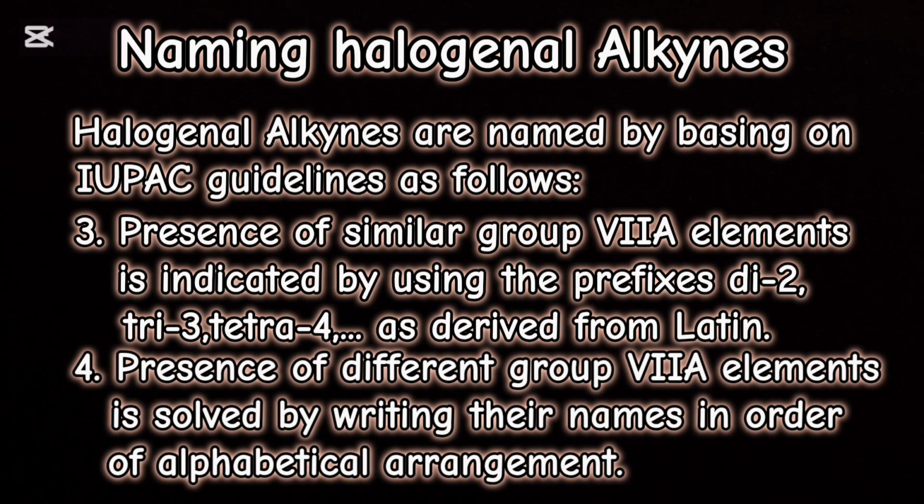And the fourth guideline mandates that presence of different group 7A elements must be indicated by writing the different group 7A elements in order of their alphabetic ranking. At this point, we have to practice the above guidelines by naming the displayed compound there.